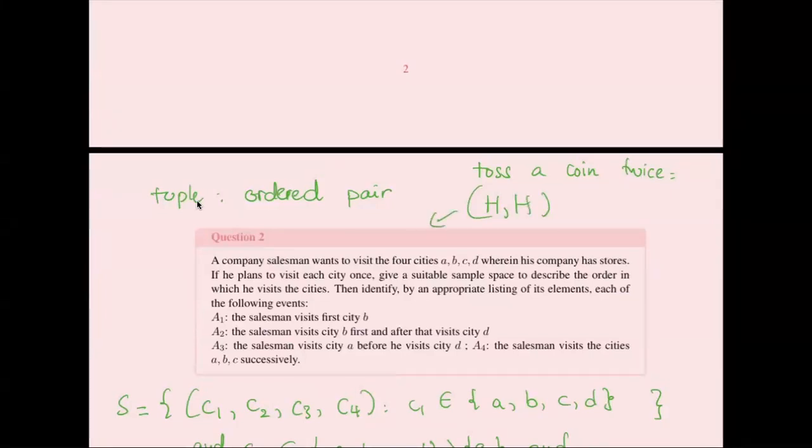Then this tuple represents that the first toss I have head, and the second toss I have head. And this tuple represents that the first toss I have head, and the second toss I have tail. This tuple represents that the first toss I have tail, and the second toss I have head. And this one would represent the first toss I have tail, and the second toss I also have tail. Does that make more sense to you?